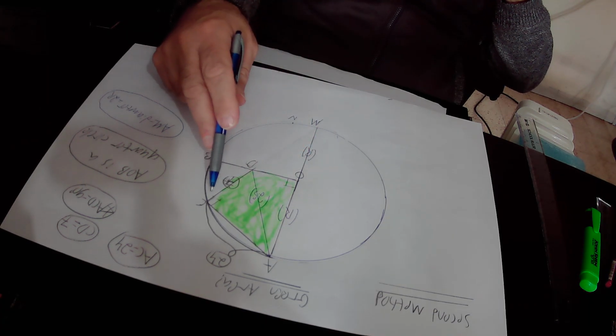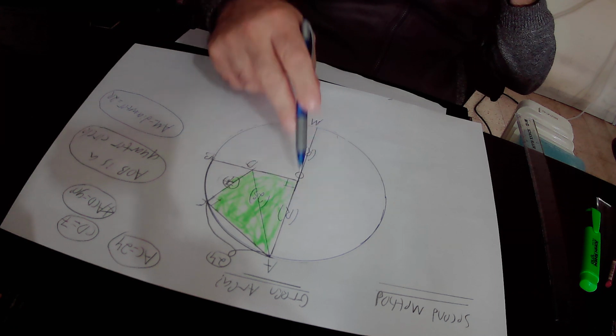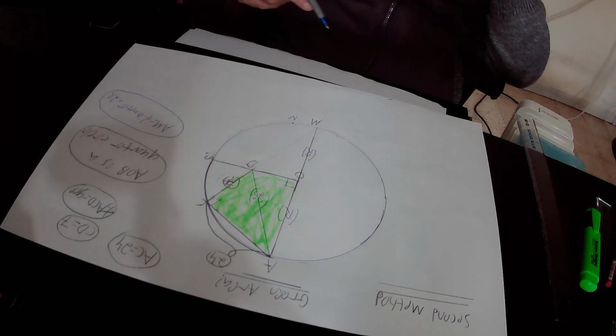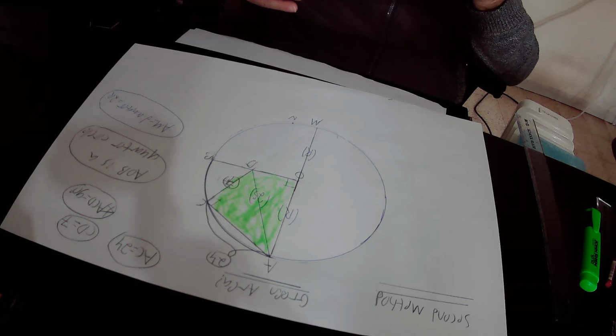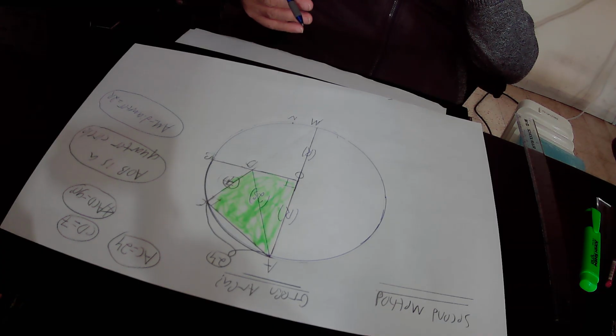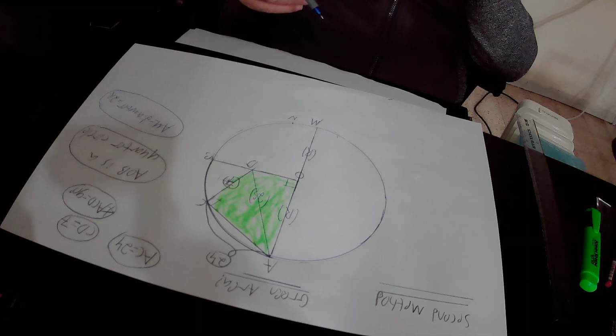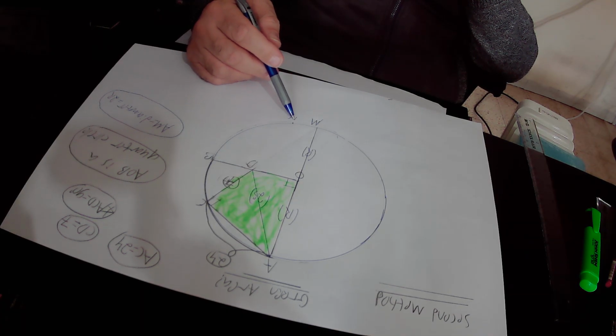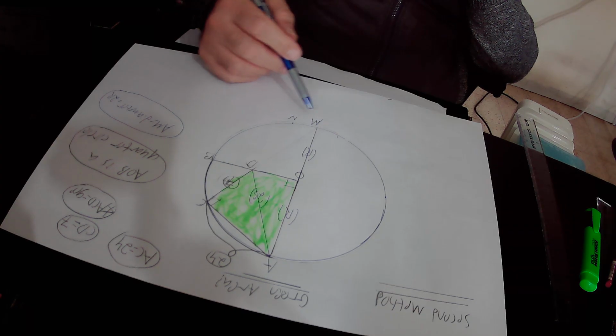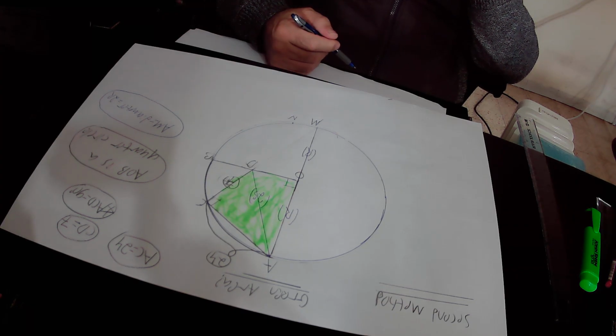Because it is equal to 90 degrees, it must rest on the diameter. So due to this contradiction, we conclude that the extended side CD will not touch the circle at point N, but at point M. In this way, we will avoid the contradiction.